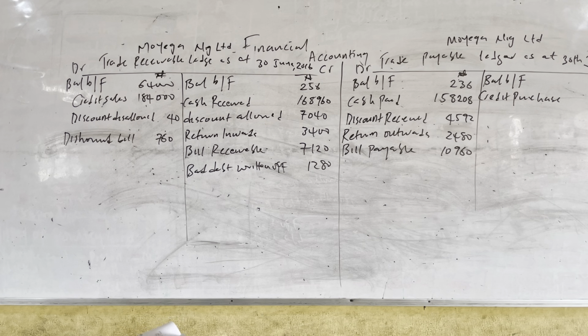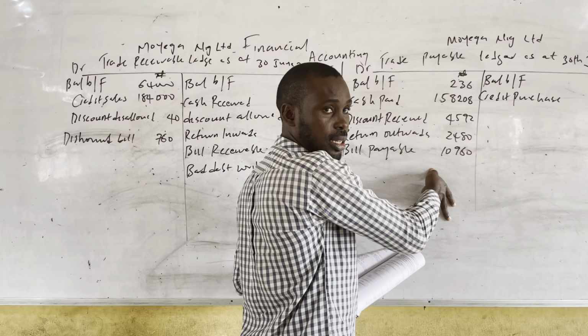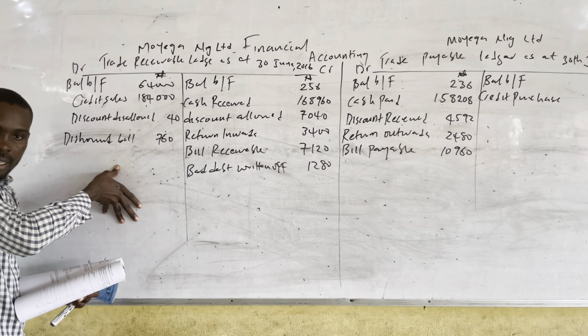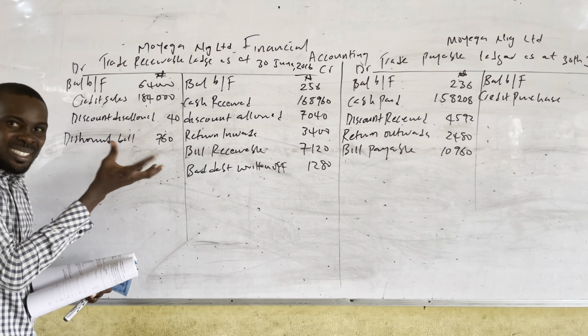Good. The debit balance in the purchase ledger, transfer to what? Sales ledger. So see, the debit balance in purchase ledger, I'm taking it to where? Sales ledger. Are you there? But please, I want to understand the accounting principles behind this.